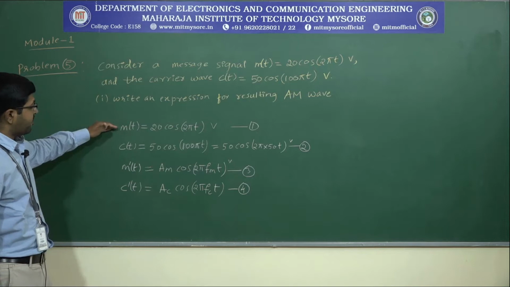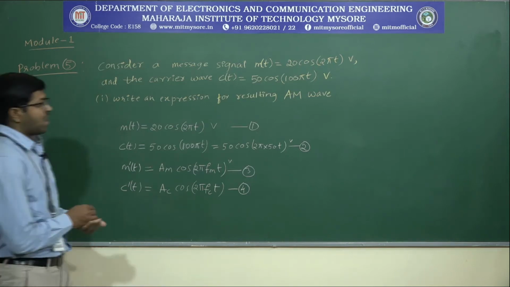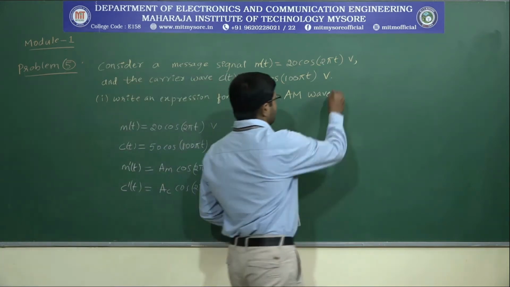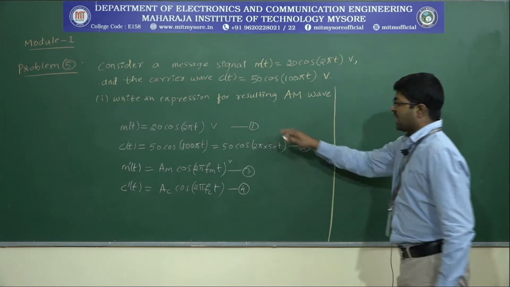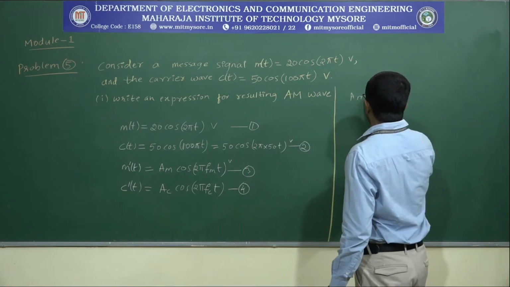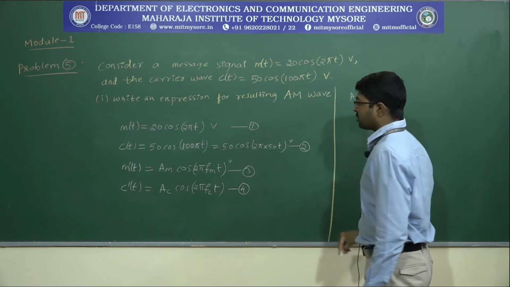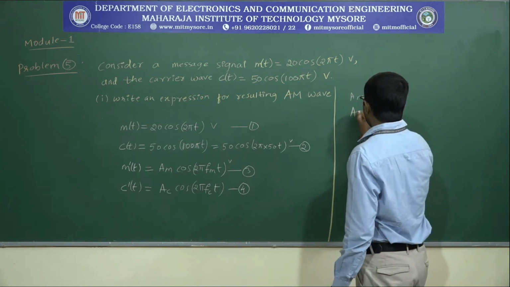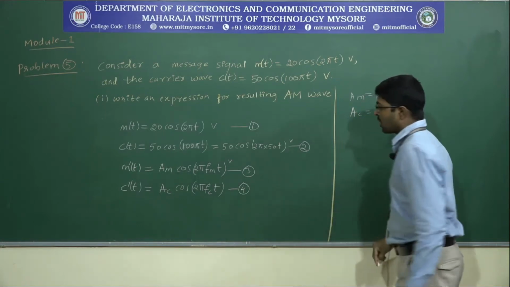Comparing equations 1 and 3, 2 and 4, what we can write are the parameters of the message and carrier. You can observe that Am is 20 volts and Ac is 50 volts.